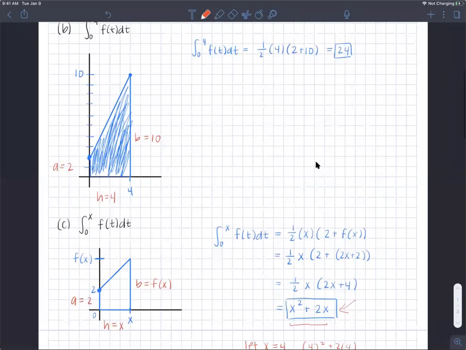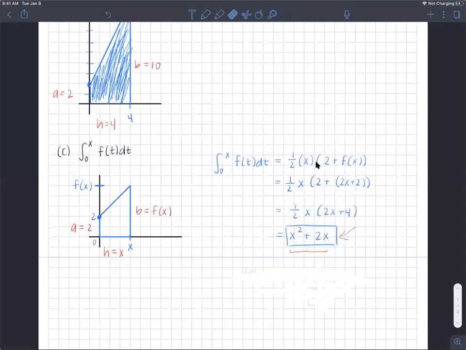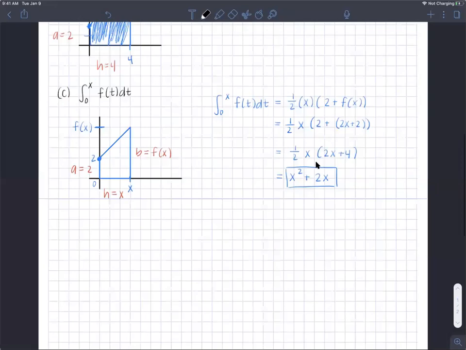I'm going to erase all of this. Okay. So then now part D of this example. In part D, we are going to define the area function. It's going to be capital B of x.